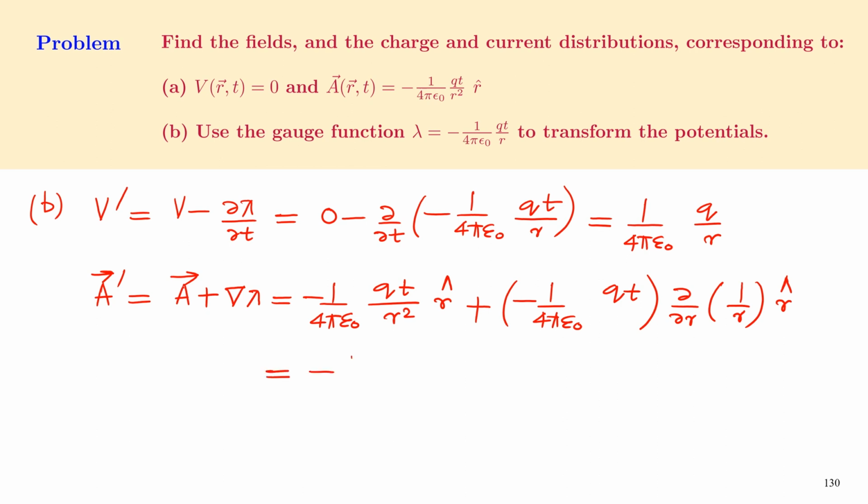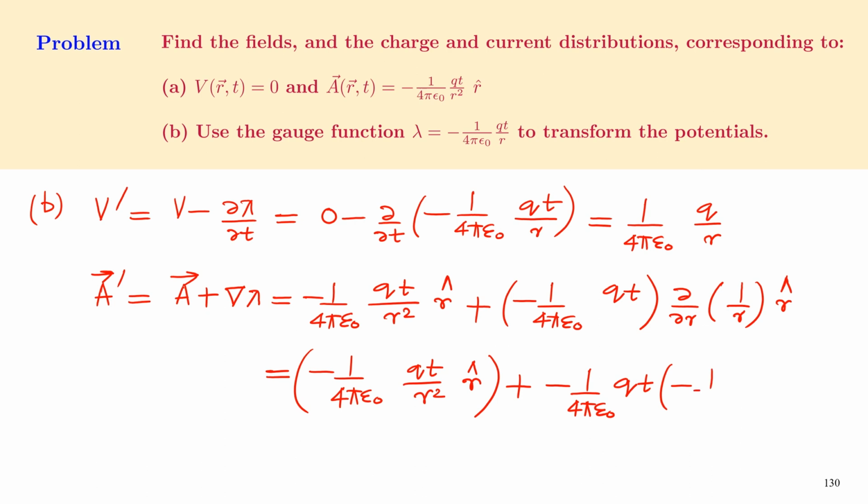This is equal to negative of 1 by 4 pi epsilon 0 Qt over r square r hat, plus negative of 1 over 4 pi epsilon 0 Qt then negative of 1 over r square r hat, and these two terms get cancelled, resulting in A prime equal to 0.